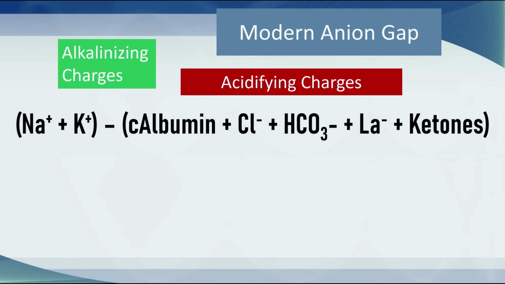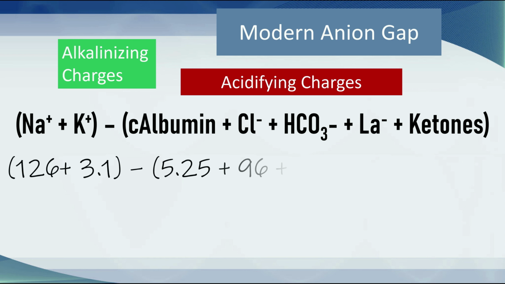And if you actually feed in all of the information that we have, which is the sodium plus the potassium, minus the corrected albumin, plus the chloride, plus the bicarbonate, plus the lactate, plus the ketones, I always measure 1.5 times the ketones, because all you get on the ketometer is beta hydroxybutyrate. There's also acetoacetate there, and I figure about 50% more than the beta hydroxybutyrate gives you a ballpark figure of where the ketones are.